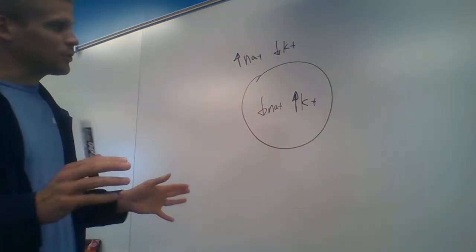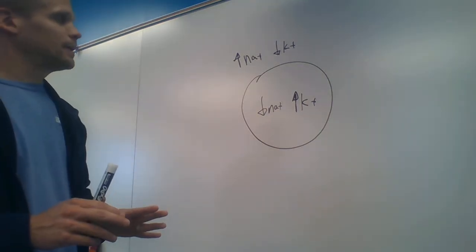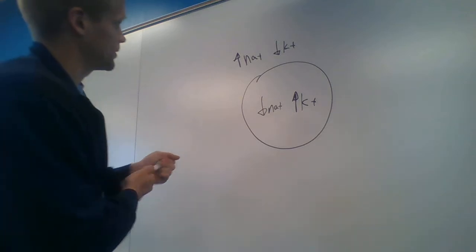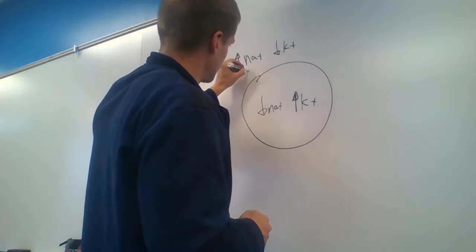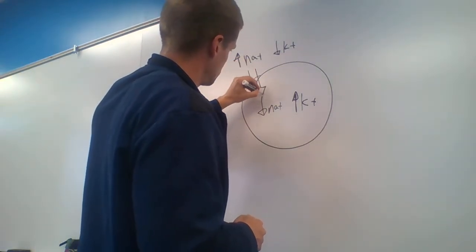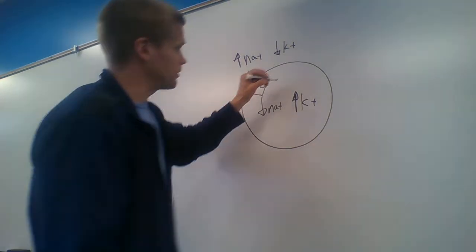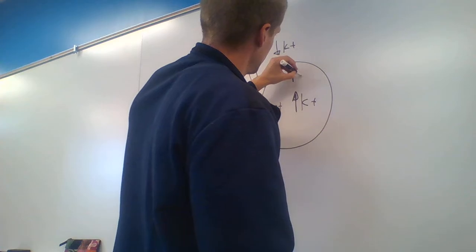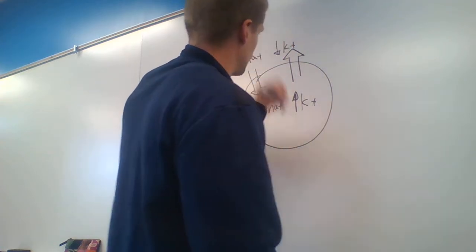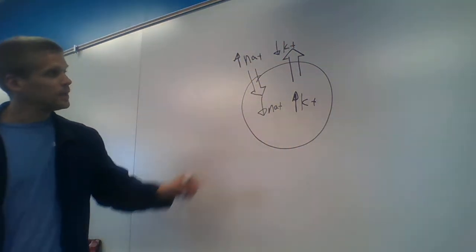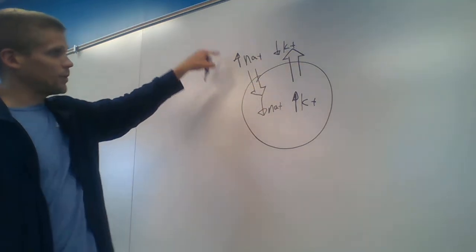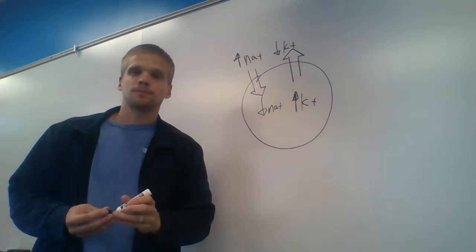There's no electrical driving force at all to start, but there are big chemical driving forces. There's a big chemical driving force for sodium to come in, and there's a big chemical driving force for potassium to go out. Right? So potassium wants to go out, sodium wants to come in.